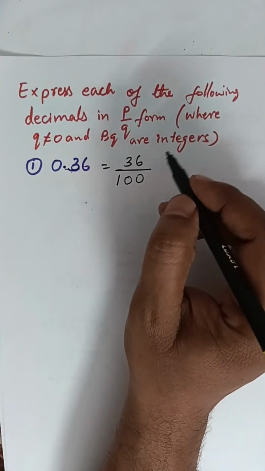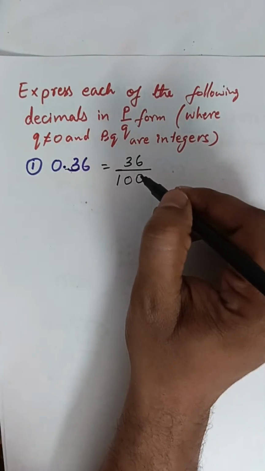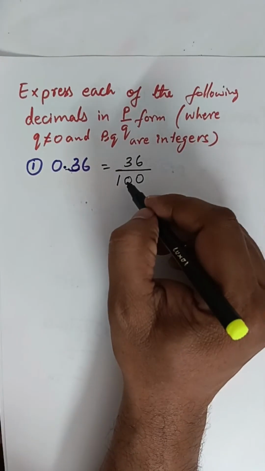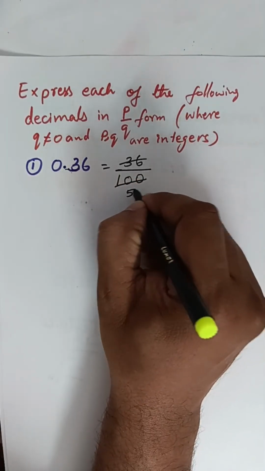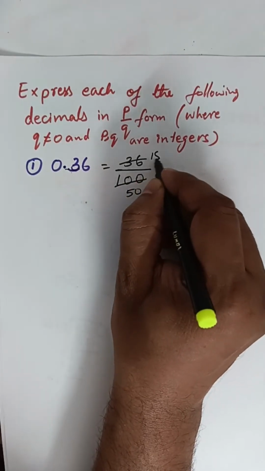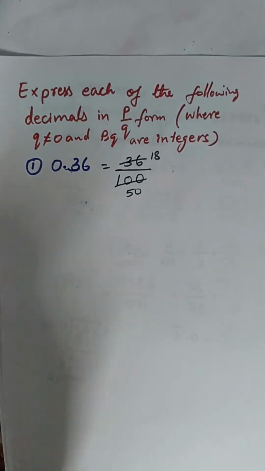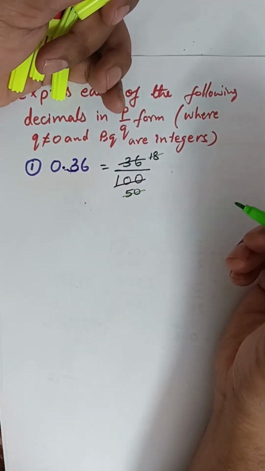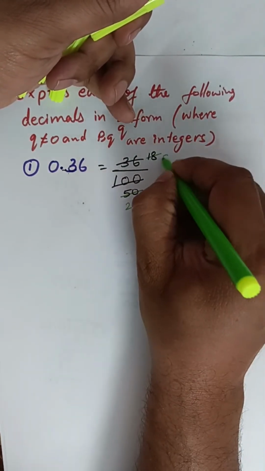So you should know the multiples. For 36 and 100, I will go with simple prime numbers. 36 and 100 are divisible by 2. So 2 times 50, 2 times 18. Then 18 and 50 are also divisible by 2. 2 times 25, 2 times 9.